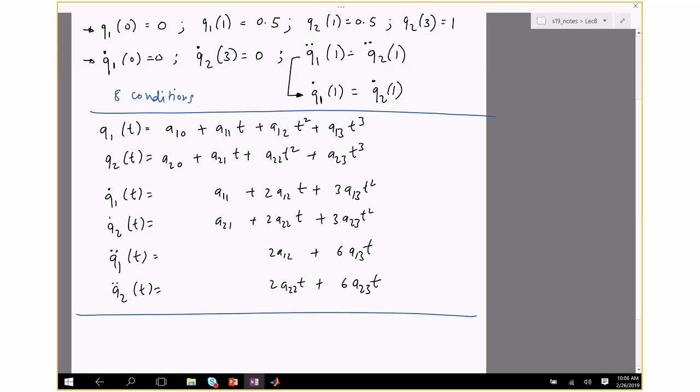Okay, now what remains is to substitute the values into q1 and q2 based on those 8 conditions, to generate 8 equations.